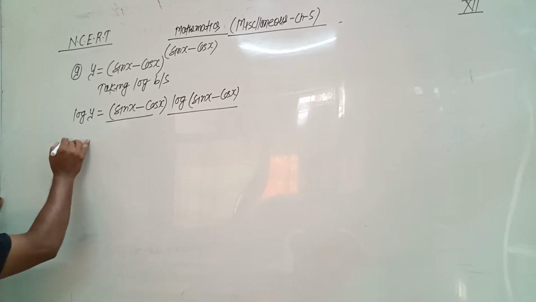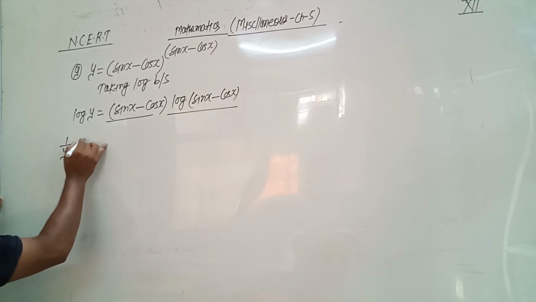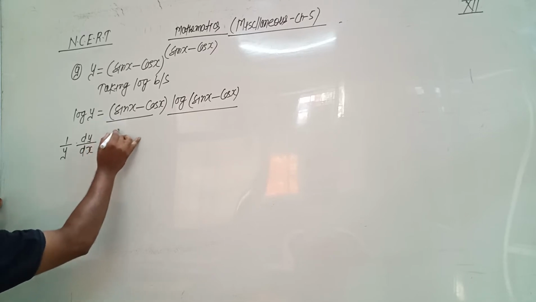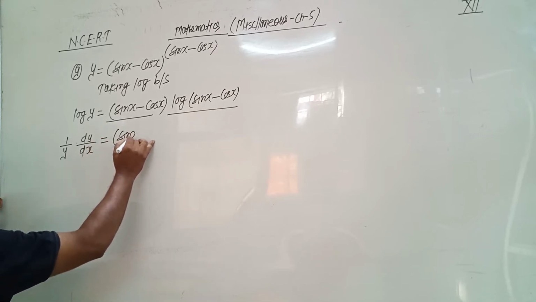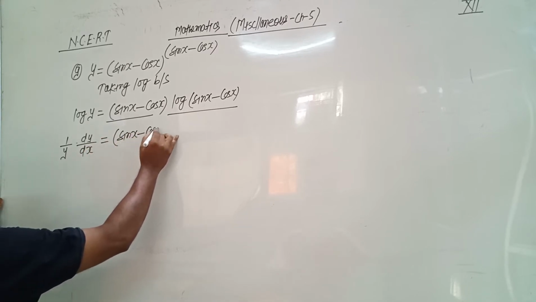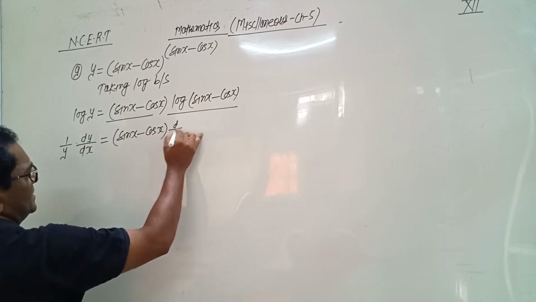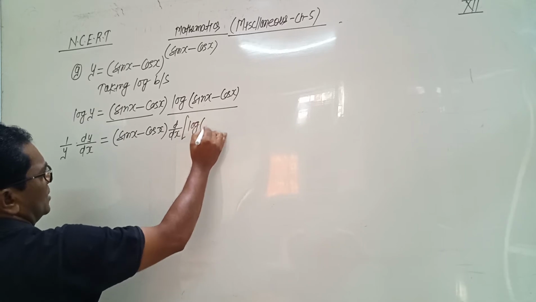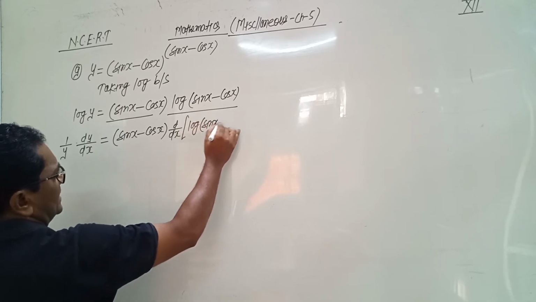So log y, differentiation of log y is 1 by y, and differentiation of y is dy by dx. u as it is, sin x minus cos x, and differentiation of v, so d by dx of log (sin x minus cos x).